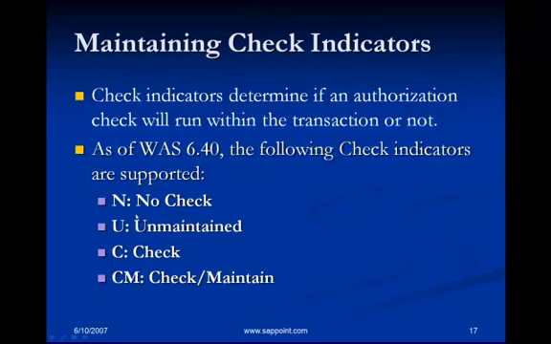So you either say yes or no for a relationship between the object and the transaction. But as of WAS 640, let's say as of R/3 version ECC 5.0, which is based on WAS 640, that is Web Application Server 640, these are the check indicators which are supported.